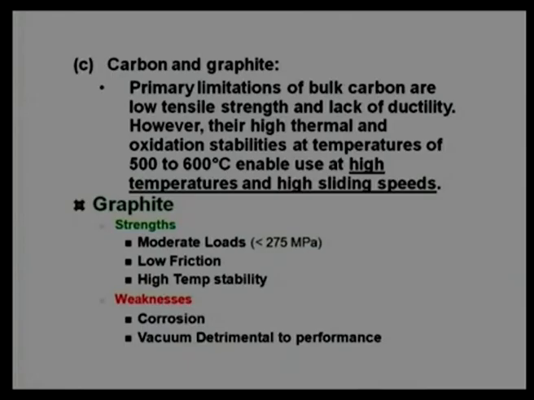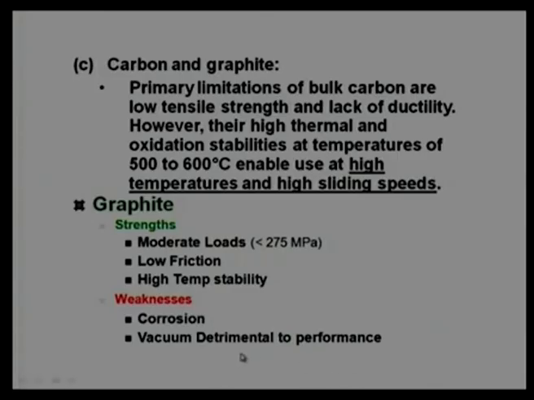That means this kind of solid lubricant is not good for every solid material. Take a typical example of copper. If we use graphite solid lubricant with copper, copper will corrode because of the nature of graphite.